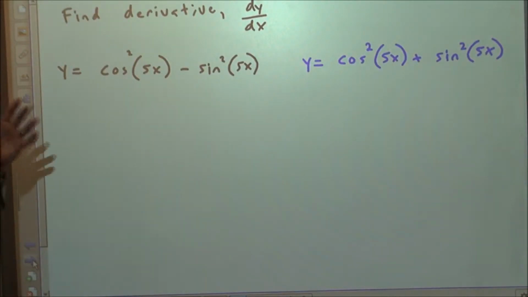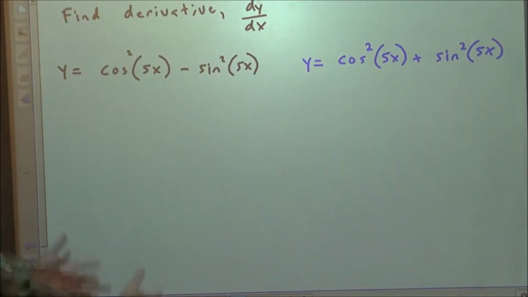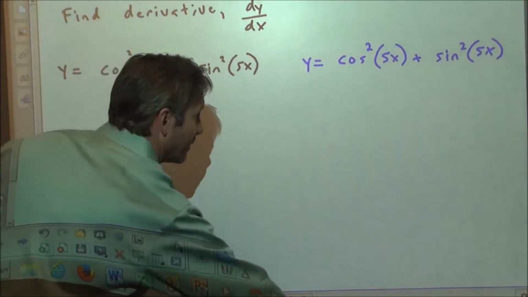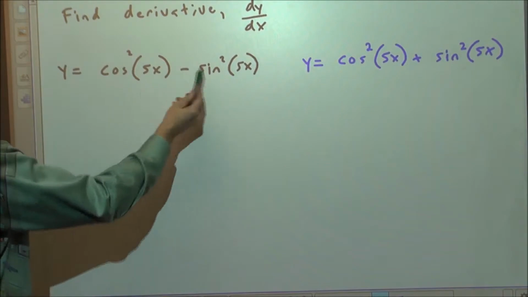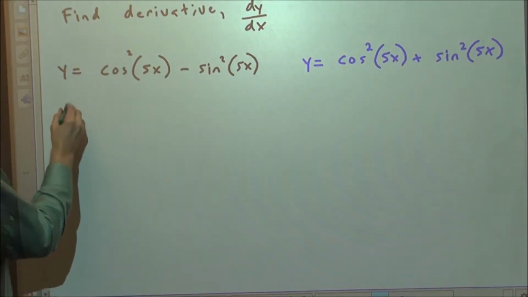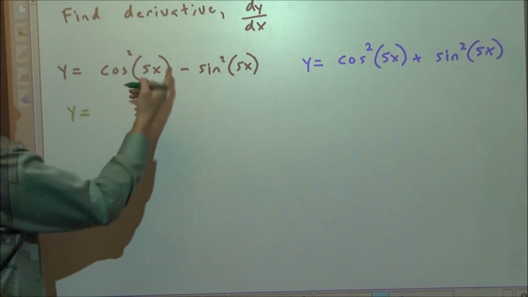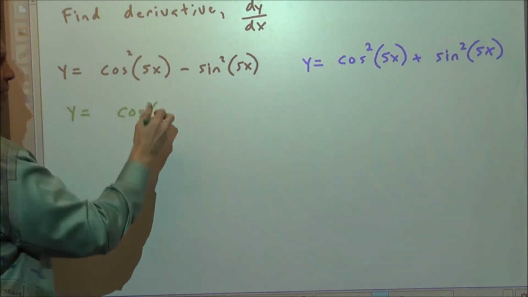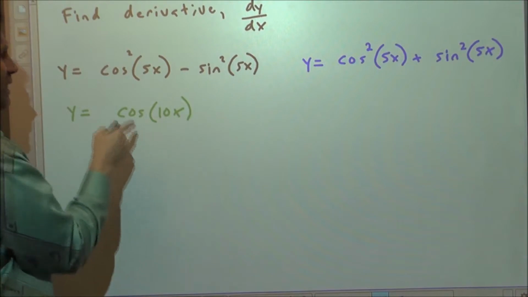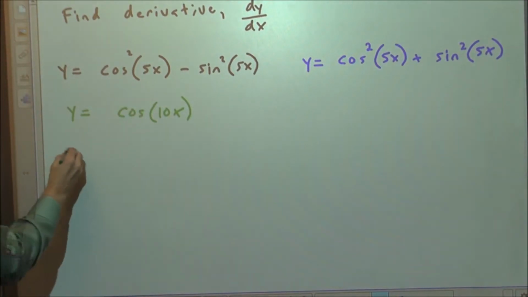If we say, hey, find the derivative, dy/dx, when we get to this problem, we say, oh, you know what? There's the subtraction, the difference of cosine and sine squared. That's the double angle formula for cosine. So we can replace this with the cosine of double this angle, so that's 10x, and that's pretty easy to differentiate.